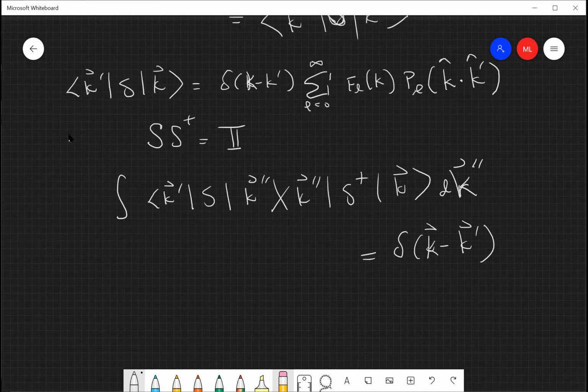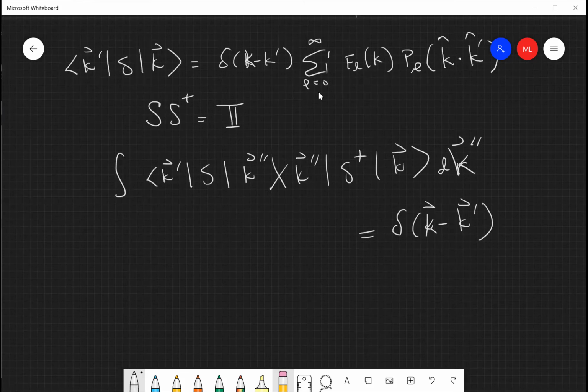We can actually evaluate this using the partial waves, because we can now use this expression for S and calculate this integral, and look at what this unitary condition means for these f amplitudes.